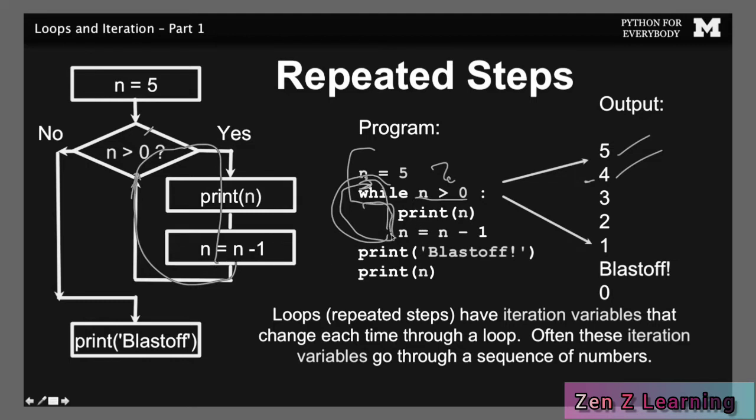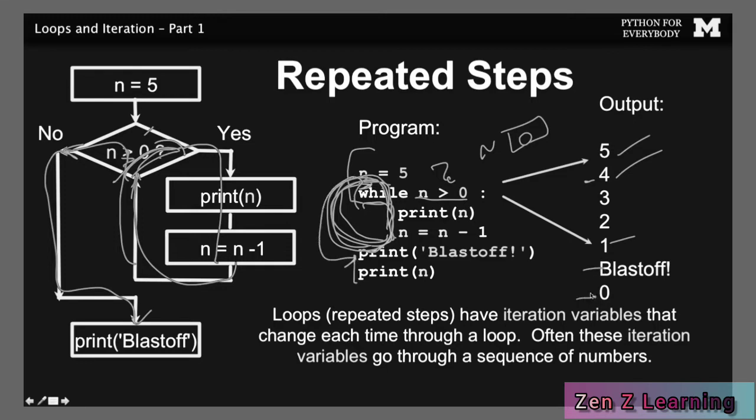Checks again. As long as it's there, down it goes again. So it prints 3 and then subtracts to 2. And then prints 2 and subtracts to 1. And then prints 1 and subtracts to 0. So in this case, we printed that, and now n is 0 and it comes up. Is n greater than 0? Well, it now switched from all the times yes to now no. And so when it's no, it skips down to the next line and then finishes, so it prints off blast off.